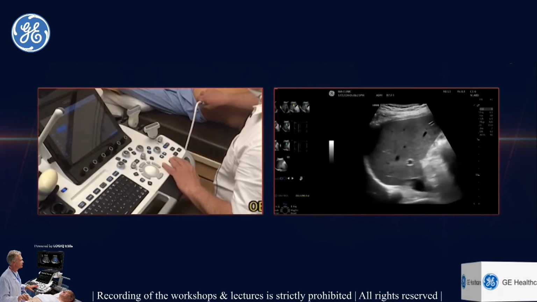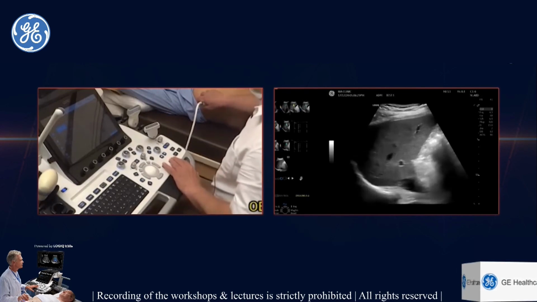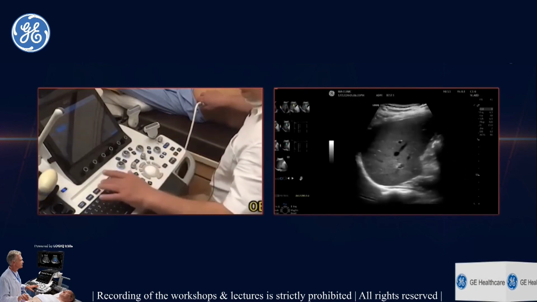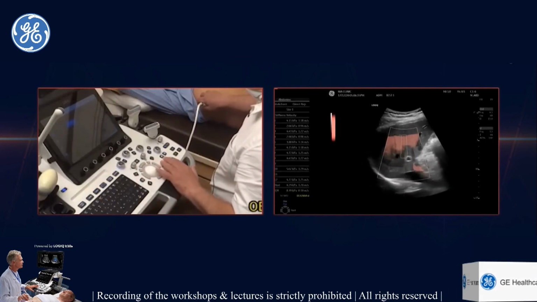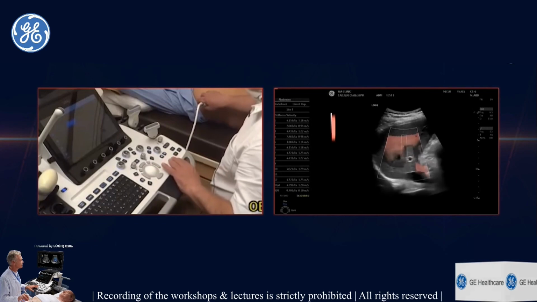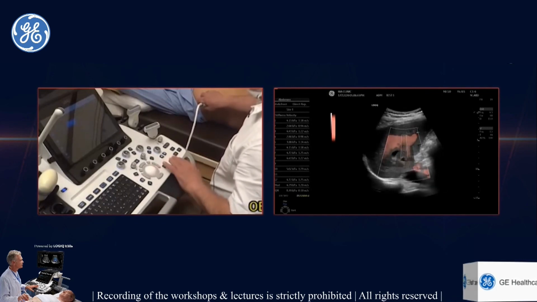So fibrosis and cirrhosis are advanced stages, and we know that steatosis are stages before fibrosis, which can respond to lifestyle modification. So this is a new technique by GE in the Logiq E10.